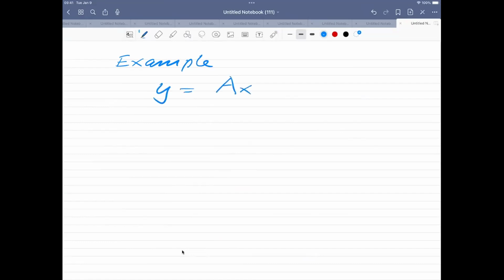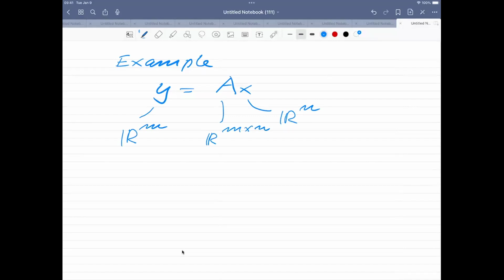Remember that uppercase letters are normally matrices, and lowercase letters we normally use for vectors. If we don't have any subscripts, this could be a vector. Sometimes it's irritating because you have to guess from the context, but in general we are assuming these are vectors and matrices. So x is a vector of length n, y is a vector of length m, and A could be a matrix which is simply m times n, okay?